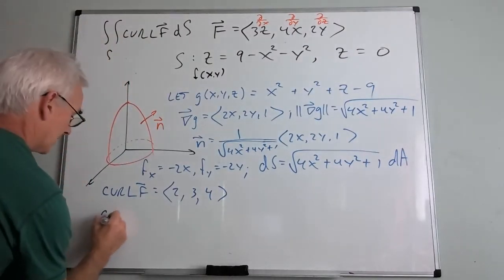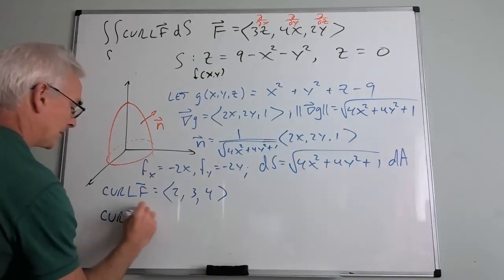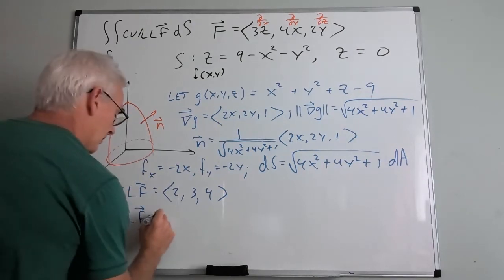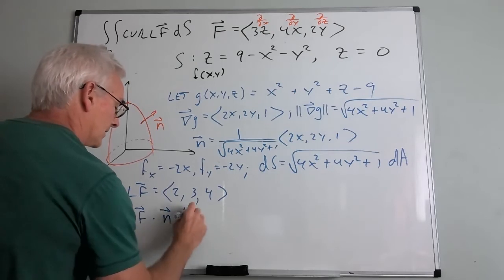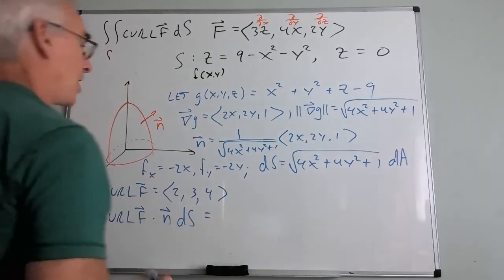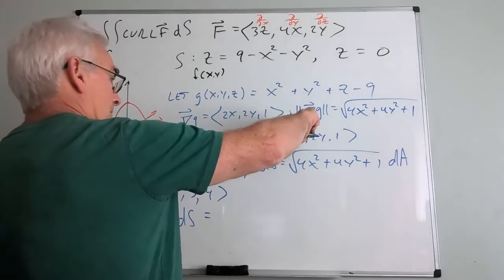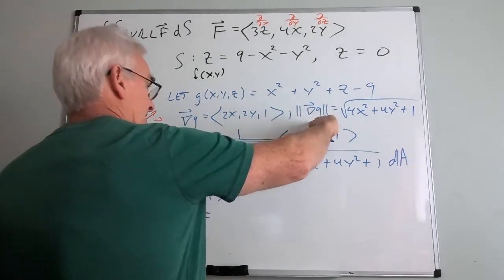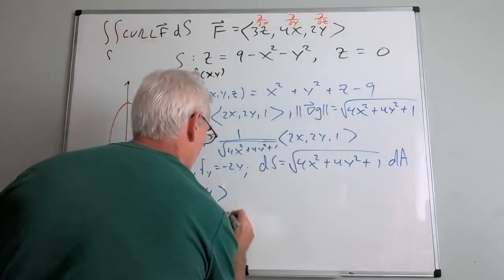Okay. And this is the last real piece of the puzzle before we're ready to write our integral. The curl of F dotted with n dS. So when I dot this with n, I'm going to get 4x plus 6y plus 4.